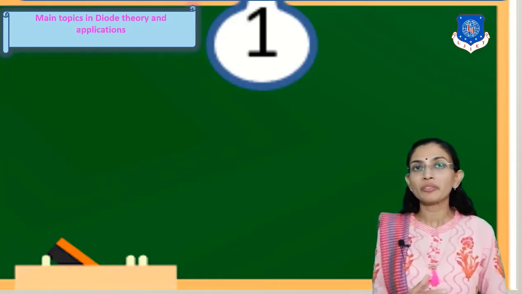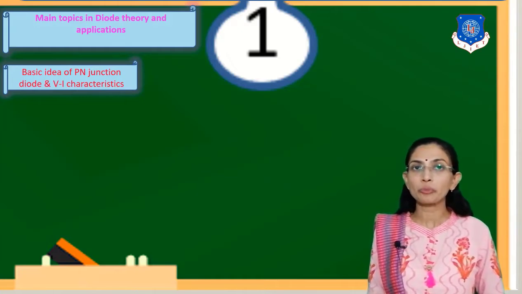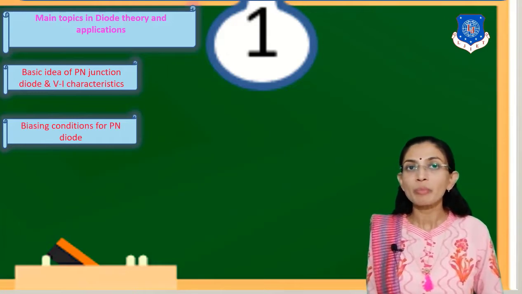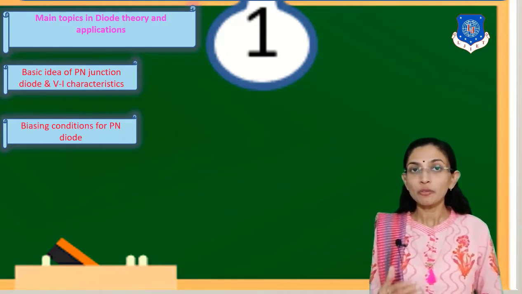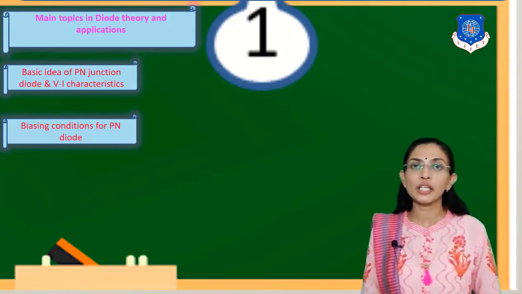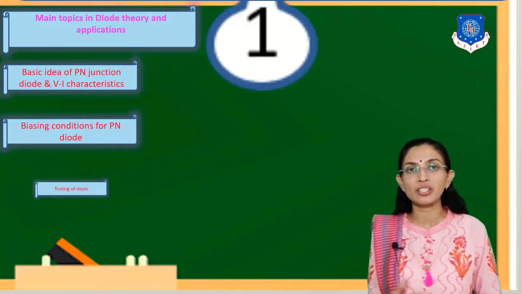Main topics to be covered in this chapter are the basic idea of PN junction and its characteristics. We will start with the biasing conditions, in which we will study the forward biasing and reverse biasing of the diode. That means battery connections with the PN junction diode.